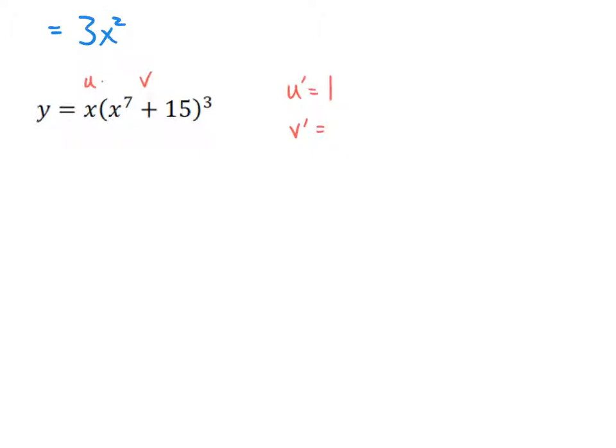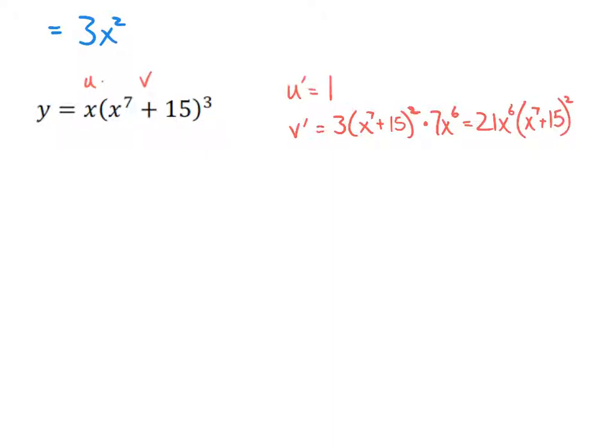So 3 times something squared, and the something stays the same, times the derivative of it, so times 7x to the 6th. So this is simply 21x to the 6th times x to the 7th plus 15 squared.